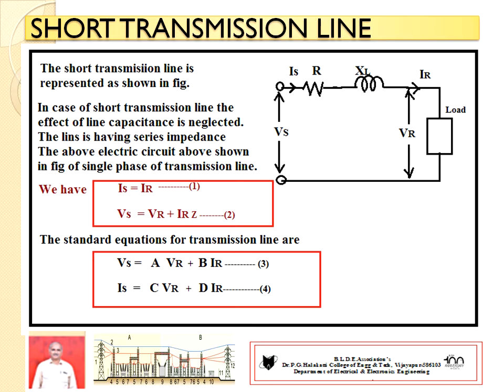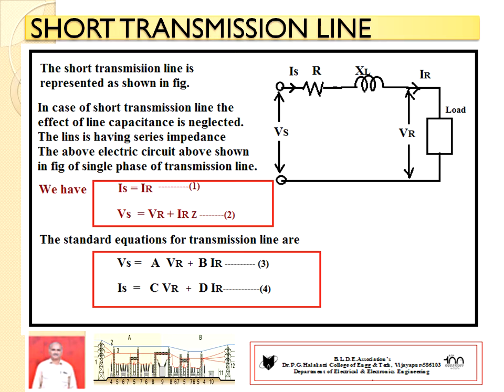Then comparing these equations with the short transmission line. Comparing these expressions, first take Vs equal to A Vr plus B Ir, equation 3, with equation 2. What is the Vr term? Vr coefficient equal to 1, A equal to 1, B equal to Ir multiplied by Z, therefore B equal to Z. In a similar fashion, take the current expression Is equal to C Vr plus D Ir, equation number 4, with equation number 1.